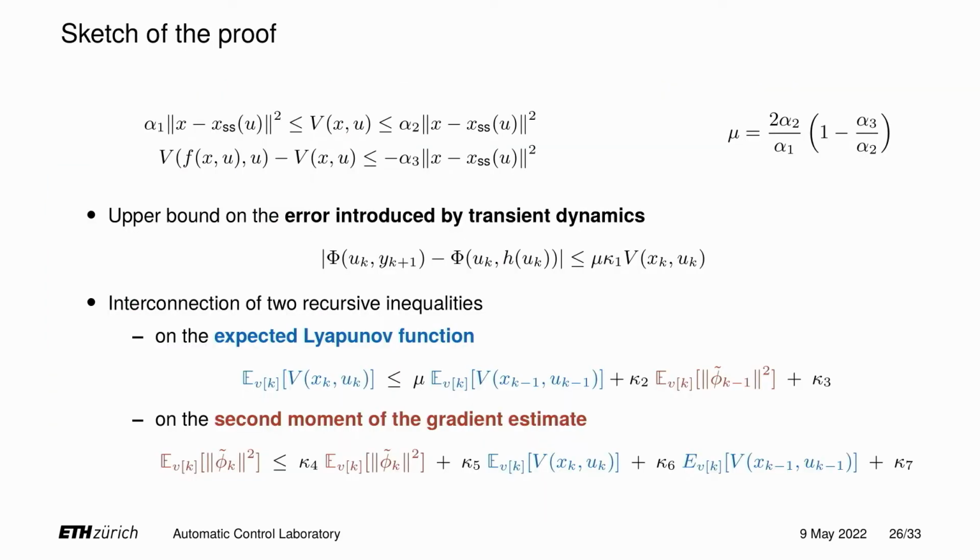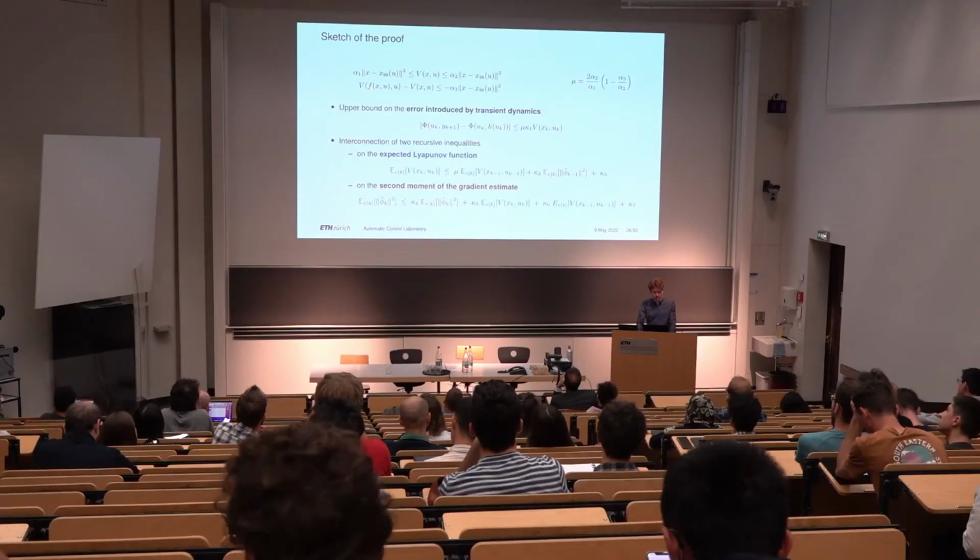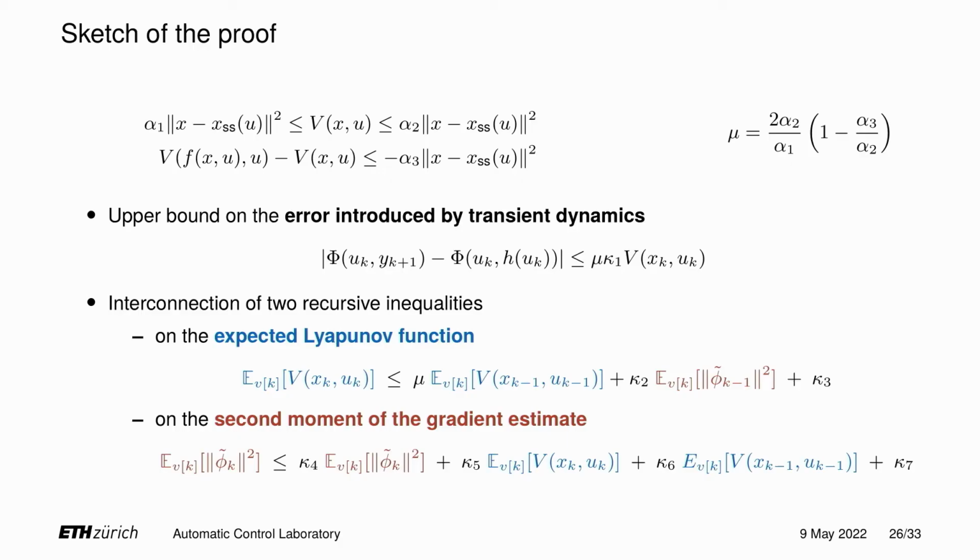Okay, the proof, I will only sketch it super quickly. It actually requires studying the interconnection of two systems, quite similar to the other proof. It requires you to have a Lyapunov function for the physical system, and to study the interconnection of this Lyapunov function, which is contractive, of course, with the rate mu, but is also driven by the estimate of the gradients, and this recursive expression for the size of the gradients, which is also contractive, but is driven by the fact that the oracle is not measuring the system at steady state, but is measuring a transient output.